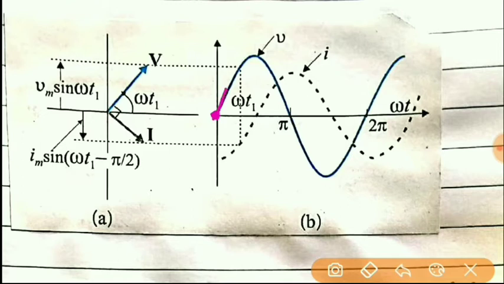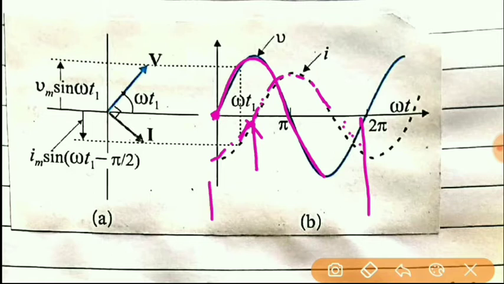So it starts from 0, but for current, from that equation we can plot this graph in this way. So you can see here this point is 1/4 of capital T. This is one period of time.